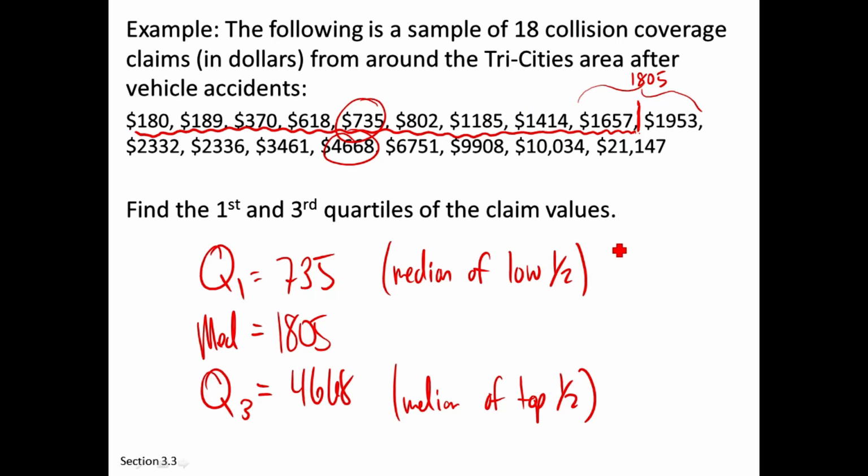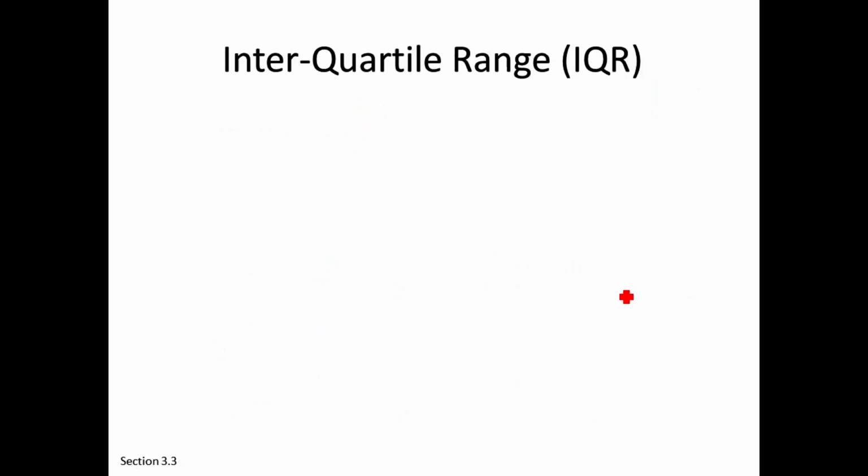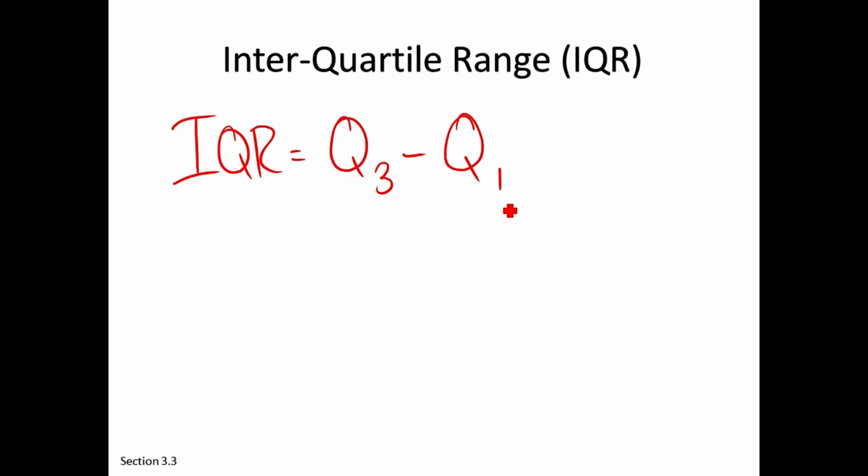So one measure of variability that we use. I told you standard deviation isn't always the best measure of variability because it's really sensitive to outliers. One measure that's robust against outliers, or resistant to them, is the interquartile range, which we abbreviate as IQR. It's just the range from Q1 to Q3.